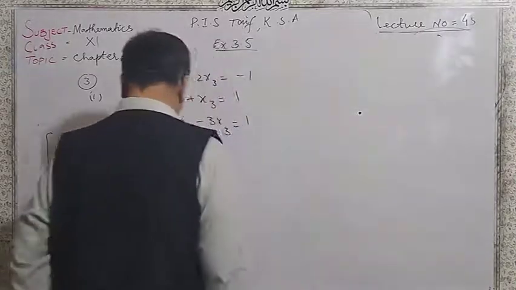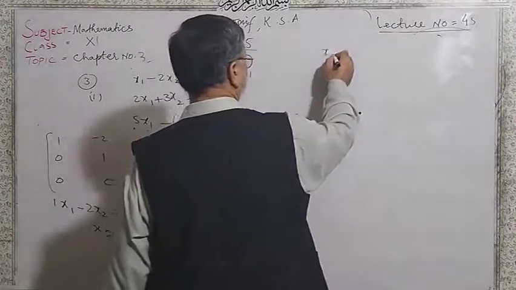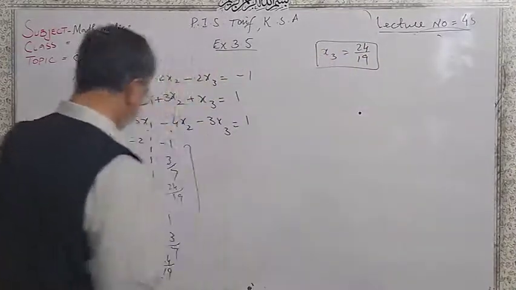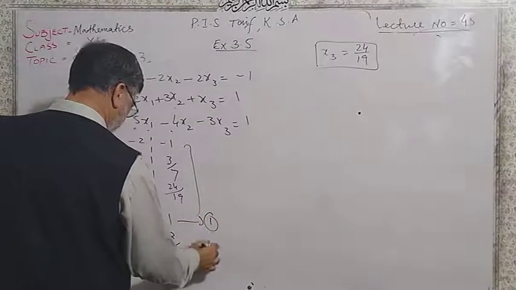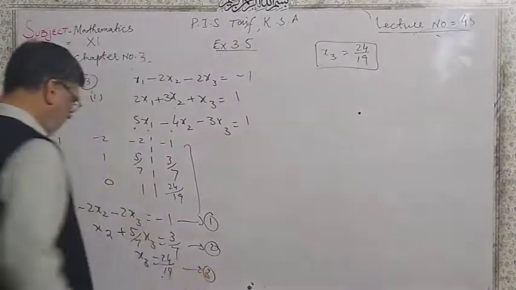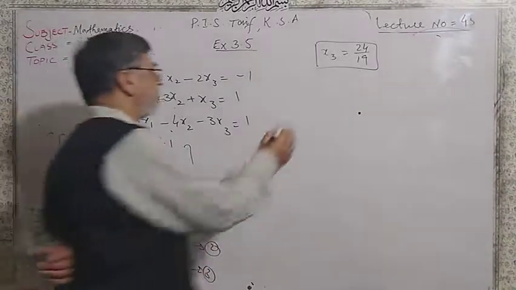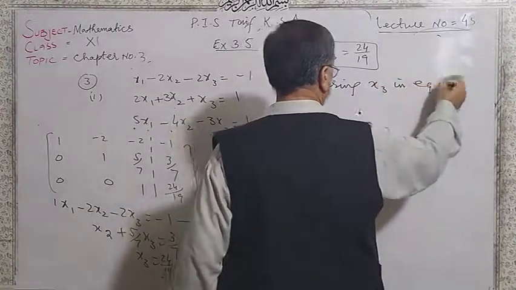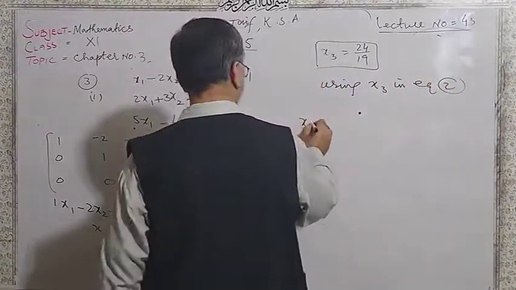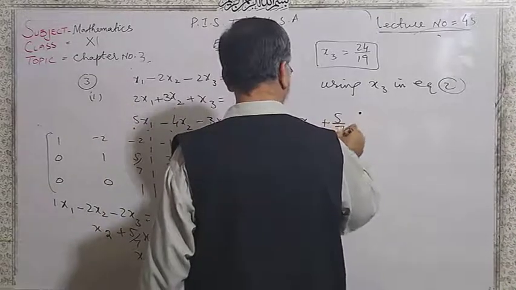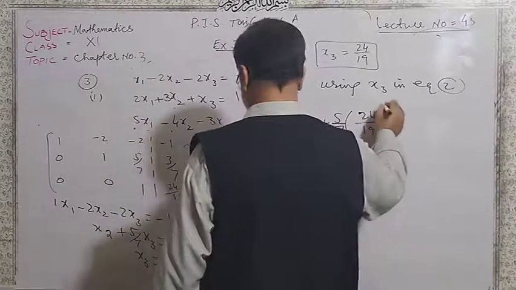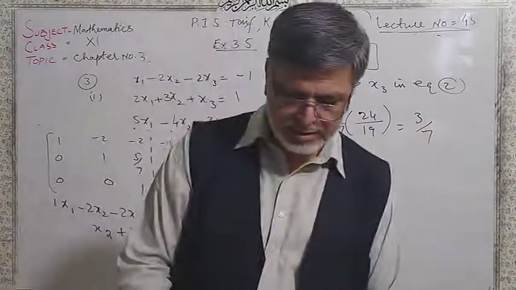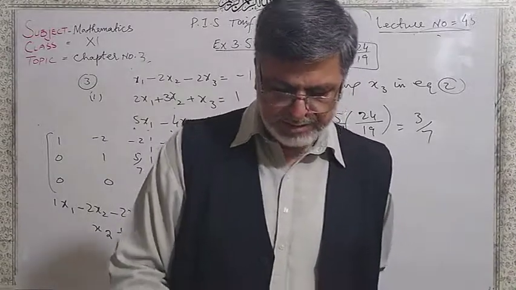Yes, x3 is equal to 24 over 19. This may be taken as equation 1, this is 2 and this is 3. Using equation 3 and equation 2, using x3 in equation number 2. What is equation 2? x2 plus 5 over 7 into 24 over 19 is equal to 3 over 7. It will be solved.